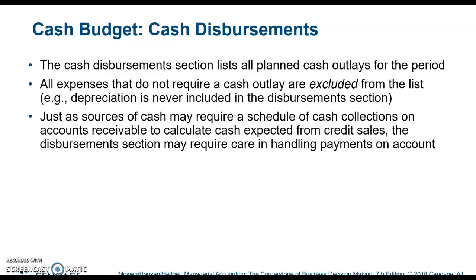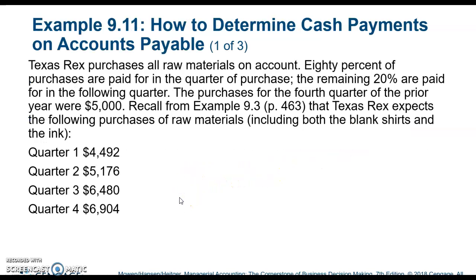So if we receive a utilities bill in March, well, typically we're not going to pay that utilities bill until April, which is part of the second quarter. Okay, so we also need to figure out a schedule for payments.